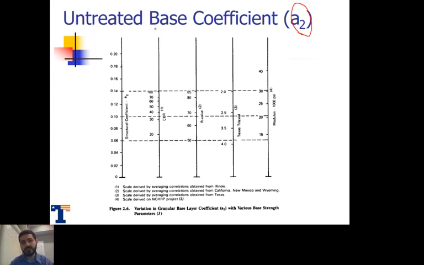Untreated bases means it's just a crushed aggregate base. Here is the CBR value, this is the R value, this is the Texas triaxial, which is another test very similar to the R value, and then here we have the modulus value or the structural coefficient A2. So it really depends. If you have a CBR value, you can use this graph to relate CBR directly to the modulus. If you have an R value, you can do that. Or if you don't have any of those, but you just have the structural coefficient A2, you can also correlate it to the modulus value right there.